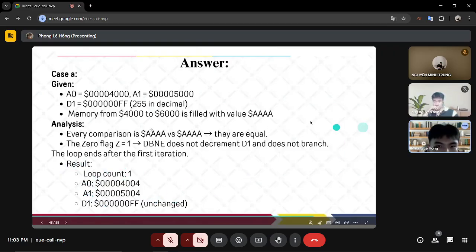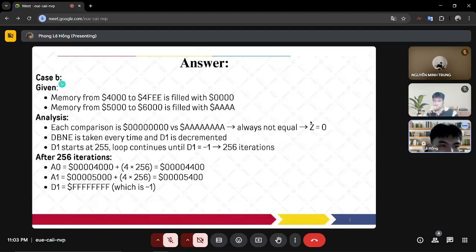And in case B, the question gives us the memory from 4000 to 4FFF filled with 0, and the memory from 5000 to 6000 filled with 8. Analysis: the comparison is a lot of zeros versus a lot of eights, always not equal, so Z equals 0. DBNE is taken every time, and D1 is decremented.